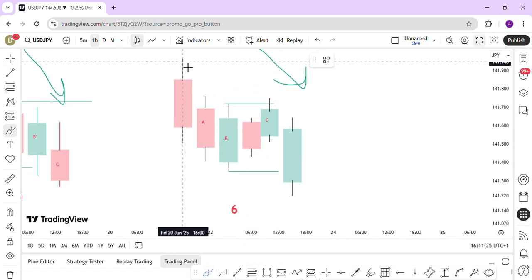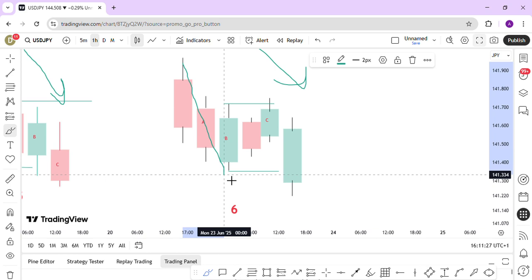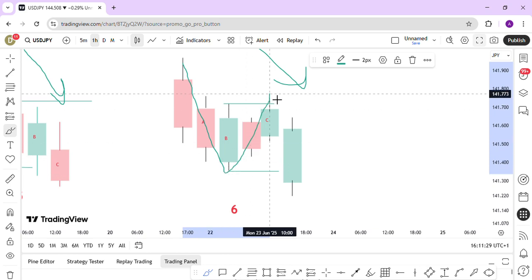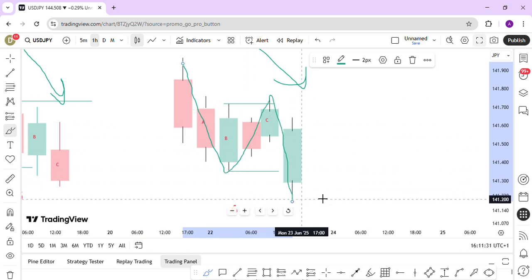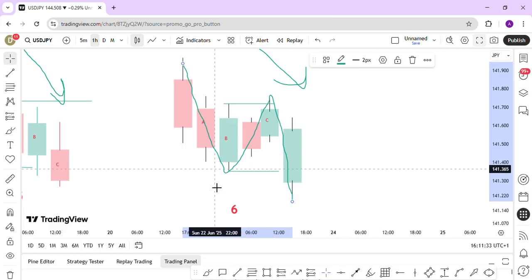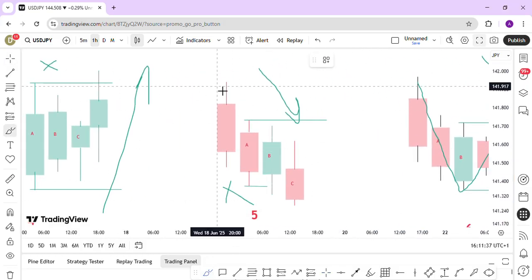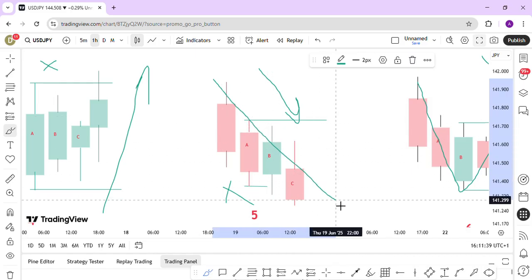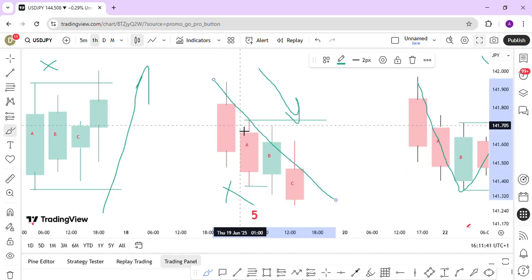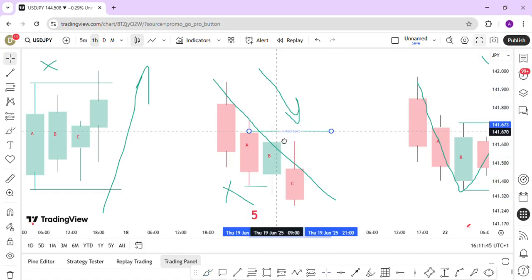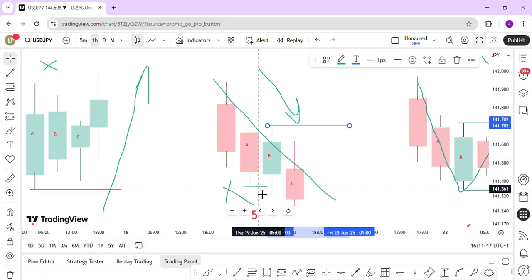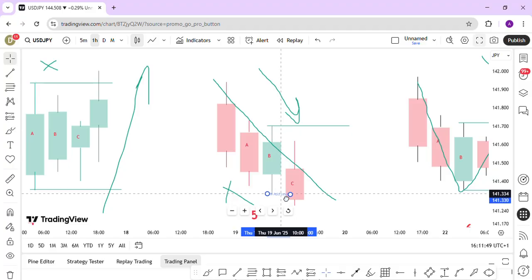So what we have here is like this: impulse, correction, then continuation. So this is what happened. In this one, what we have here is only this, no pullback, because all the candles after this were protected. After A, B was also protected.